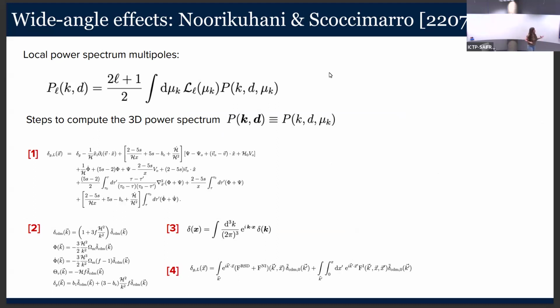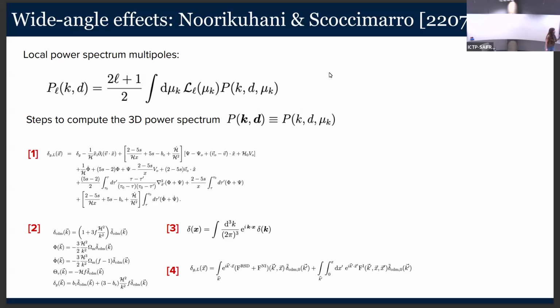What you want to do in the end is to calculate this local power spectrum. So you want to know how these statistics depend on each of your lines of sight. You know how to compute your 3D power spectrum, P of k and d. You compute the density contrast of your galaxies, the full 3D in real space.